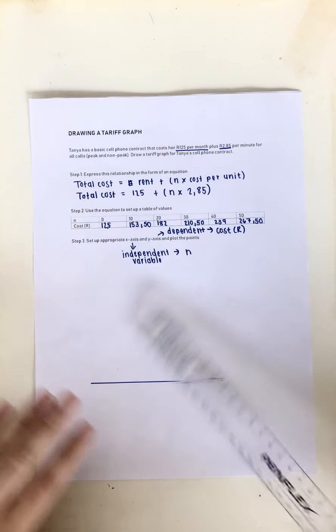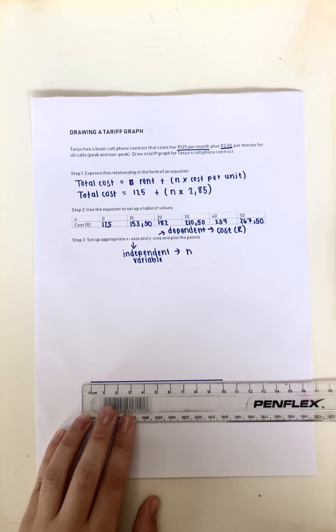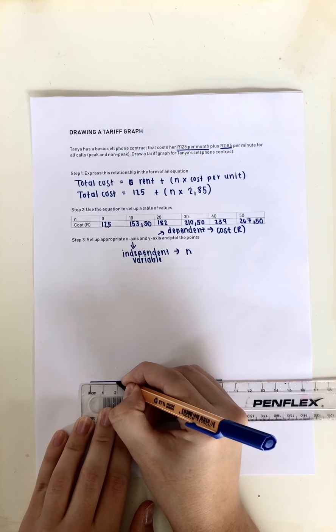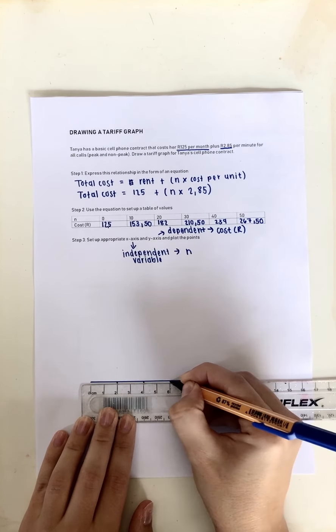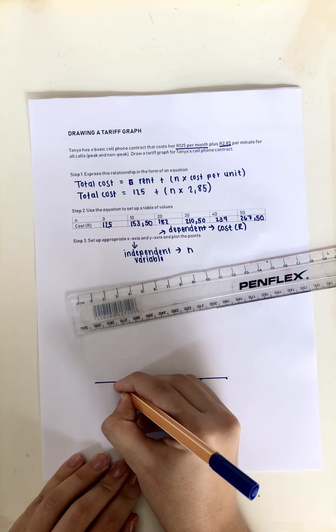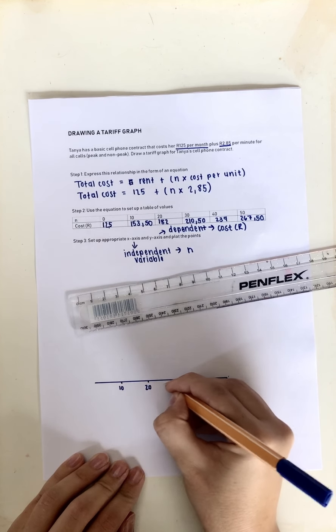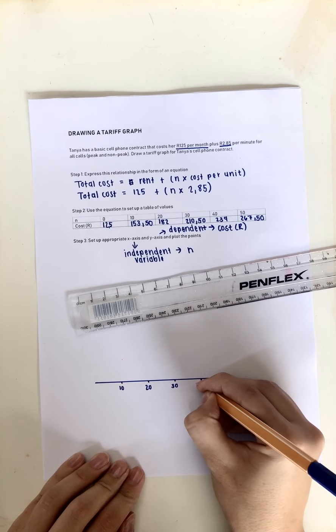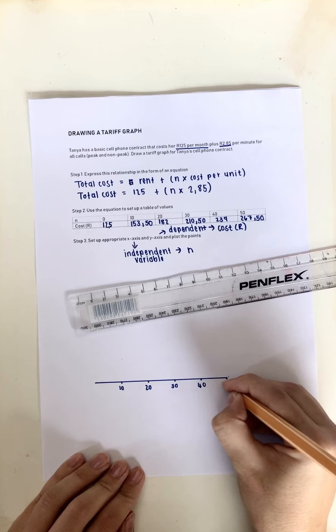Every 2 centimeters will be a point. So I'll have 10 minutes, 20 minutes, 30 minutes, 40 minutes, and 50 minutes.